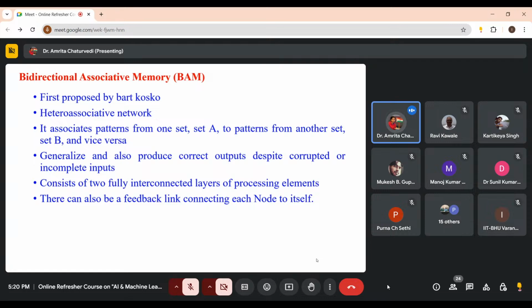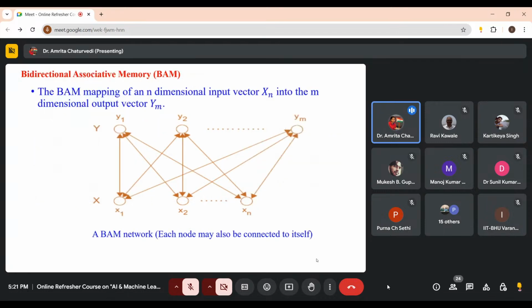So it consists of two fully interconnected layers of processing elements, and there can also be a feedback link connecting each node to itself. So this is the architecture of a typical BAM. We have an n-dimensional input vector and an m-dimensional output vector.